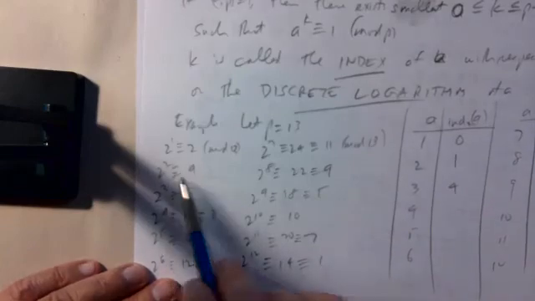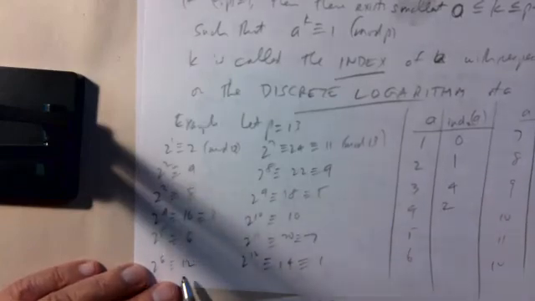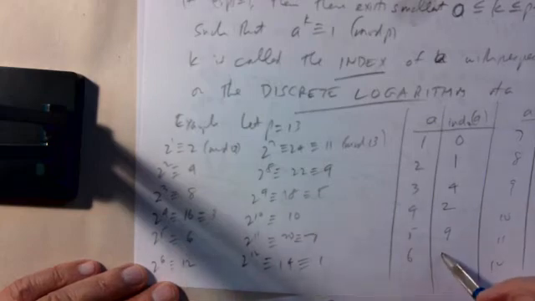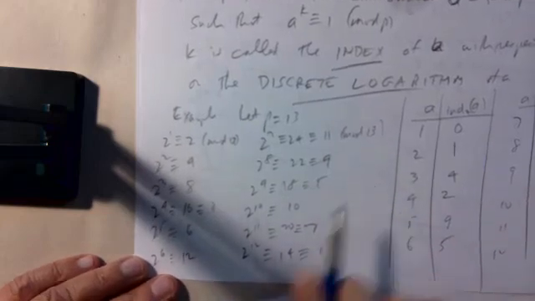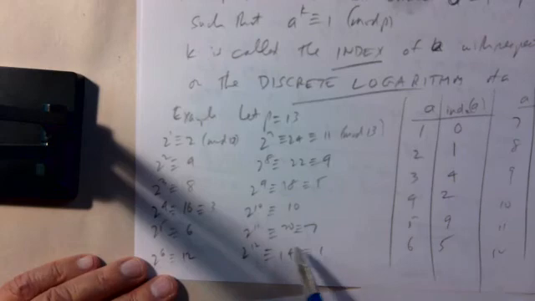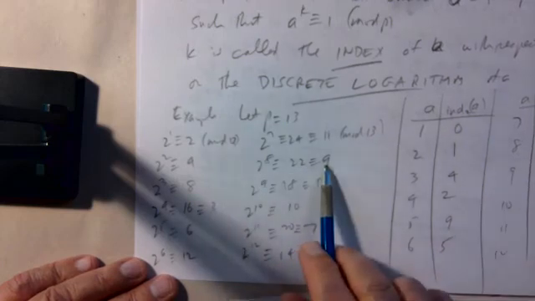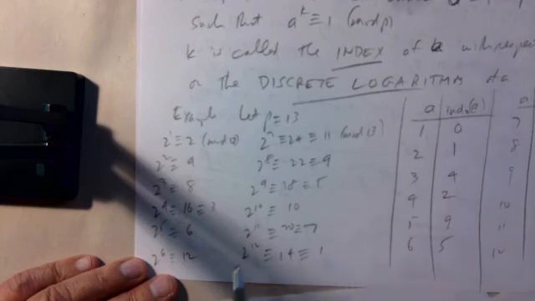What power of 2 is 4? 2. What power of 2 is 5? 9. What power of 2 is 6? 5. What power of 2 is 7? 11. What power of 2 is 8? 3. What power of 2 is 9? 8.